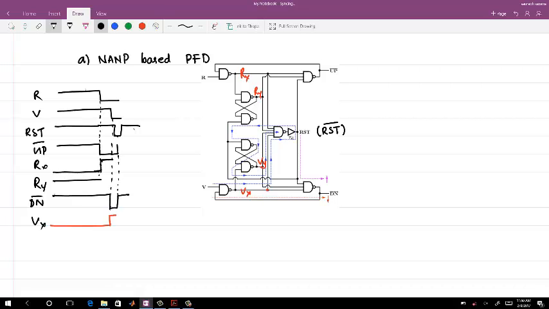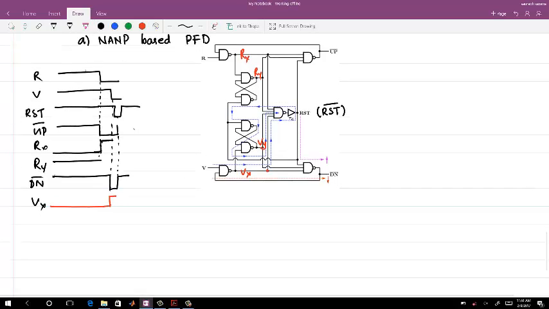So this is an active low reset which I was telling. It resets when it is low. Okay, and this is with respect to the falling edge of the clocks. Now, in this case, what is the T overlap time?